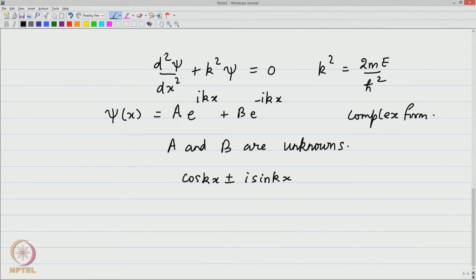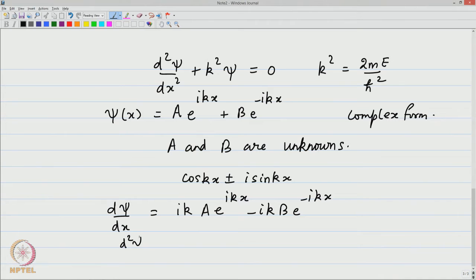You can substitute this solution here, and you will see that if you take d psi by dx, the I k comes down, a e to the I k x, and the minus I k comes down from the term b e to the minus I k x, and this is not the same as the function, there is a minus sign.